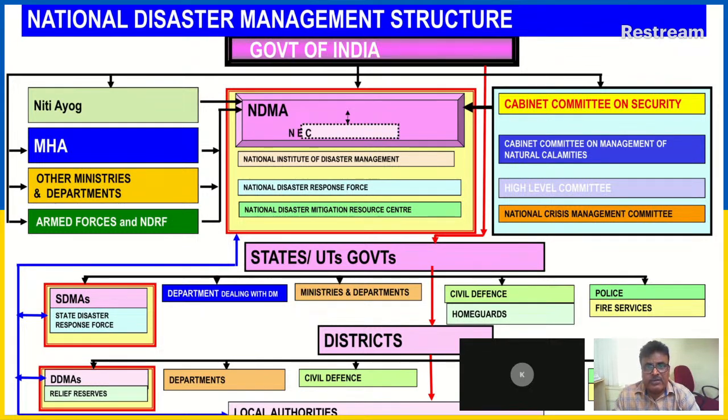They have been given all the powers at the district level. They can take resources from other departments and order the other departments to work. They can order facilities to be created for disaster management, cordoning off, or any such implementation of the Disaster Management Act at the district level.